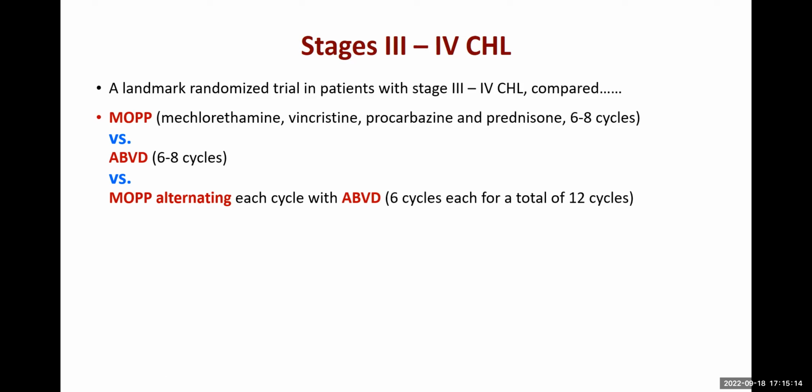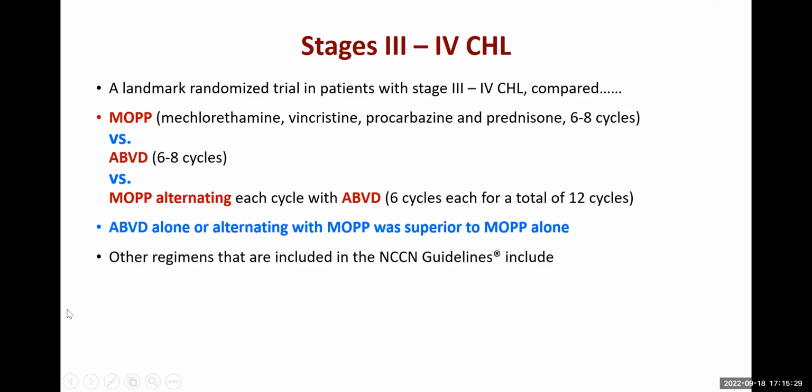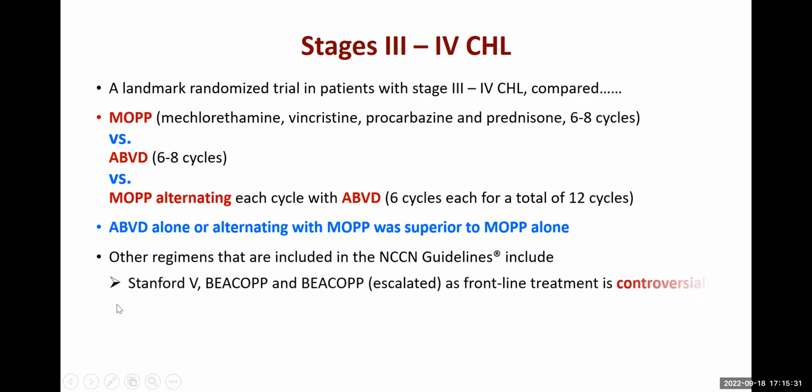Okay. So what they found was ABVD alone or alternating with MOP was superior to MOP alone. So that is why ABVD is better than MOP. So we use ABVD most of the time. Other regimens that are included in the guidelines are BCOP, BCOP escalated, Stanford 5, okay.